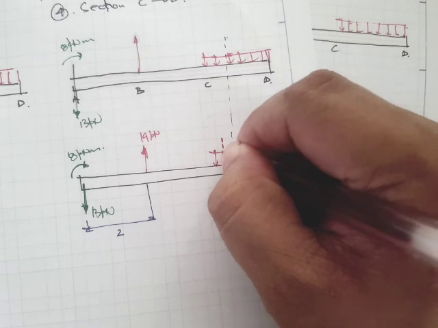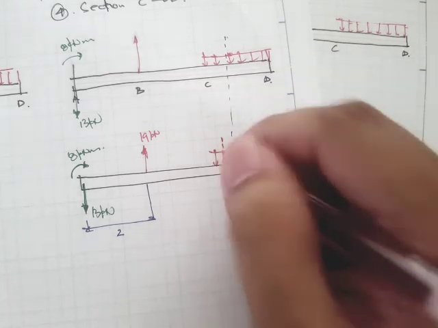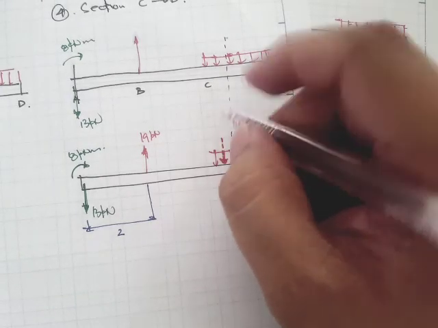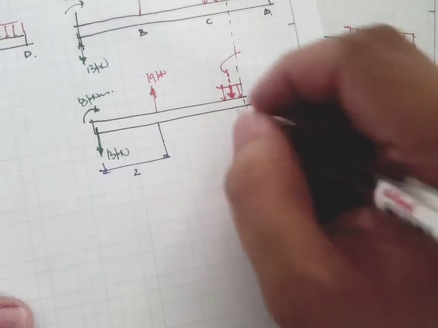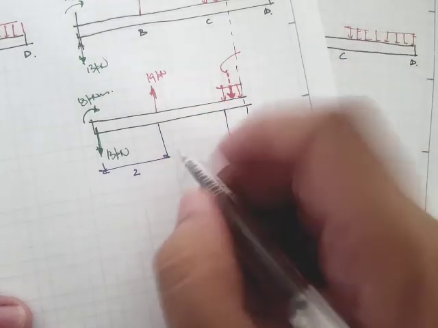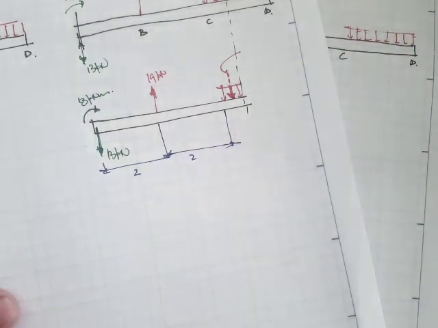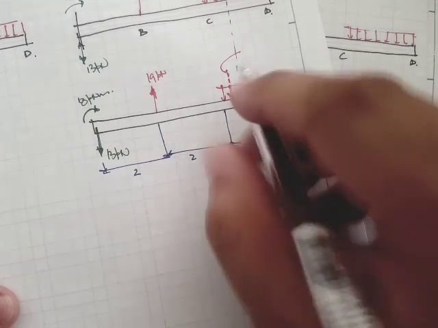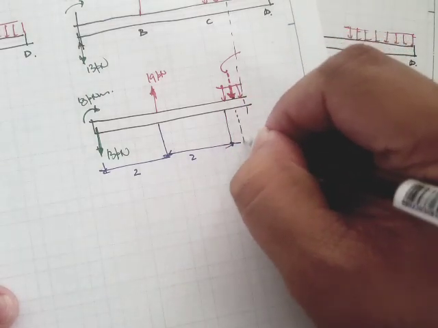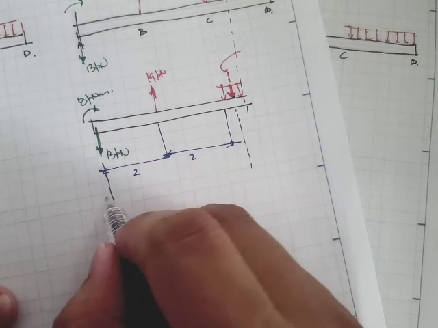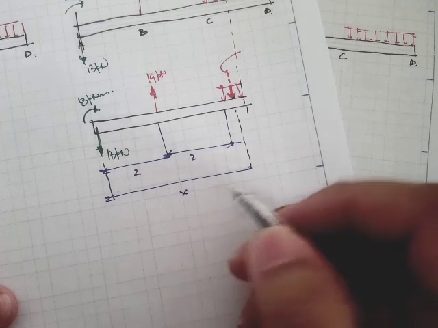Okay, and by the way, since this is a distributed force, we can also represent that in terms of its equivalent force. So this equivalent force is simply, right, this distance is still 2 meters, but the distance from this midpoint to point A is x.